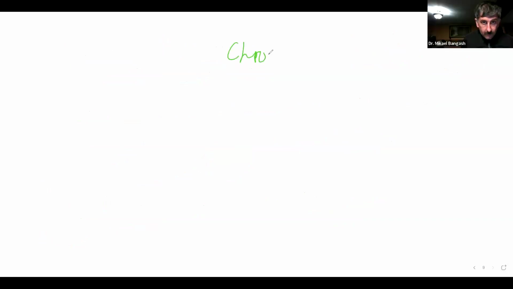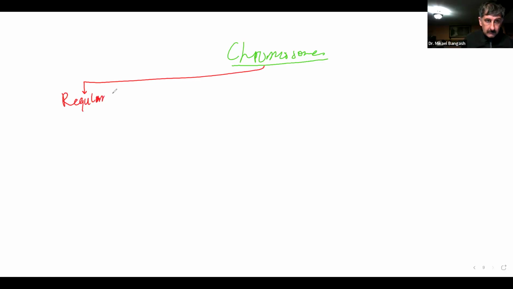So we say chromosomes. Now chromosomes are going to be made up of DNA. As far as chromosomes are concerned, it's going to be slightly different from regular cells.